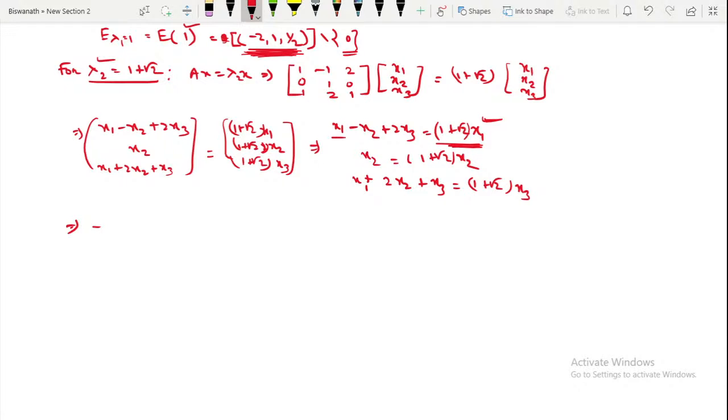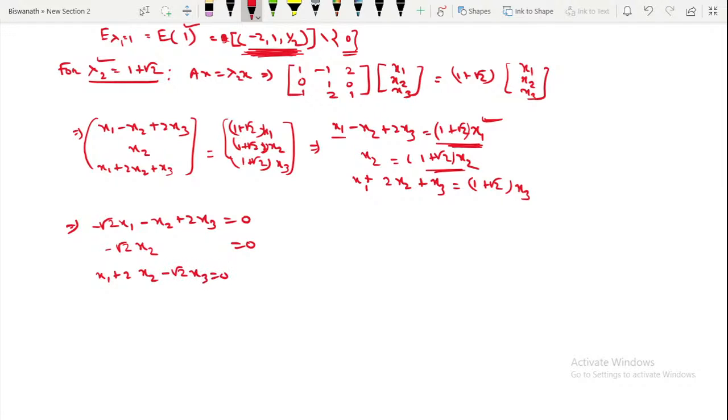So x1 cancels, so it will be minus root 2 times x1, then minus x2 plus 2x3 equal to 0. And if you bring this thing to the left hand side, what you will get? Minus root 2 of x2 equal to 0. And similarly, the third one is x1 plus 2x2 minus root 2 x3 equal to 0.